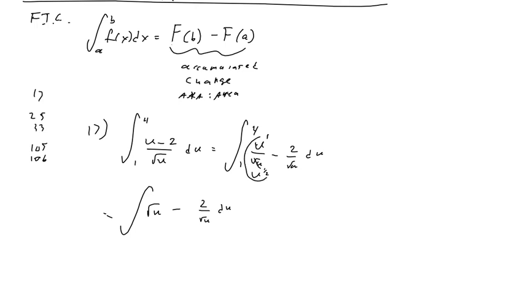Remember how when we divide variables that have the same base, the exponents subtract. Division is subtraction with exponents. So 1 minus a half makes this a half.